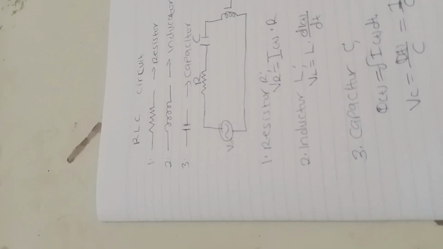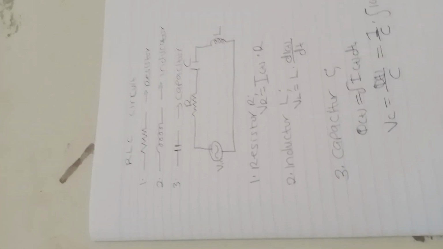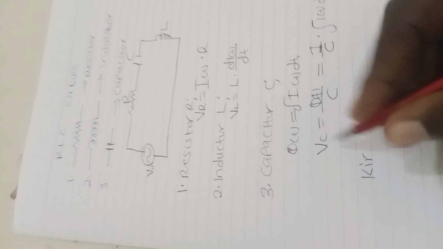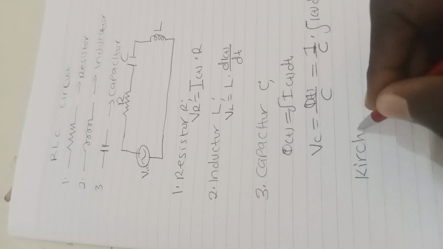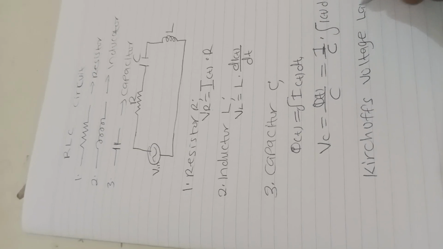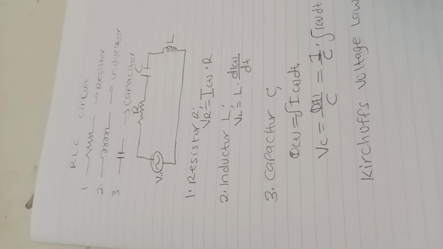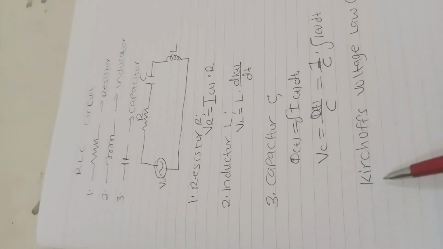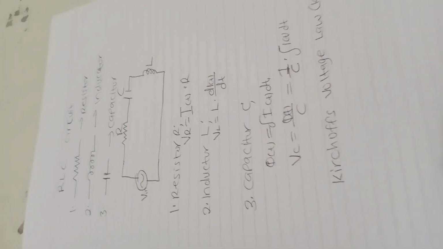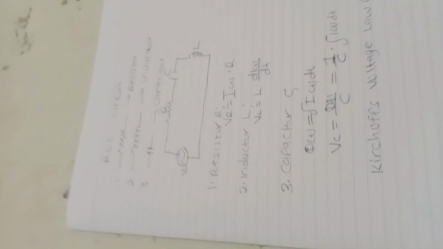So now we are moving to the Kirchhoff's voltage law. So sorry please for the minimum amount of time we have. I cannot write the full law for the Kirchhoff's law because it's somehow broad, but I'm going to read it out.